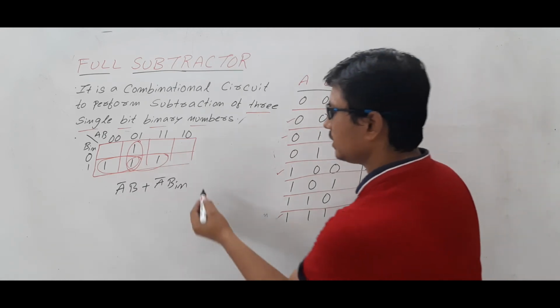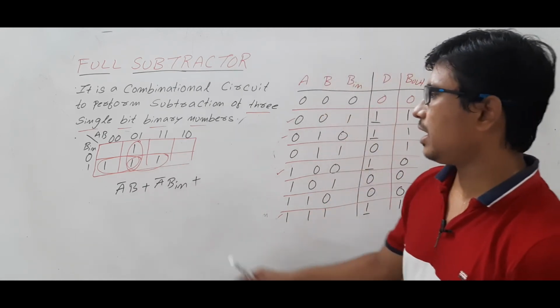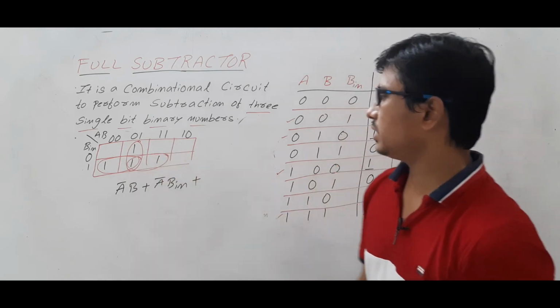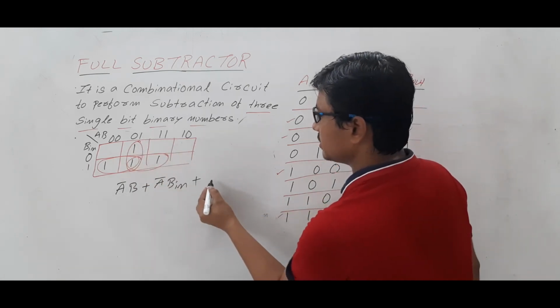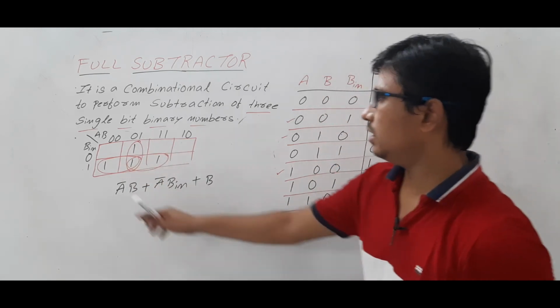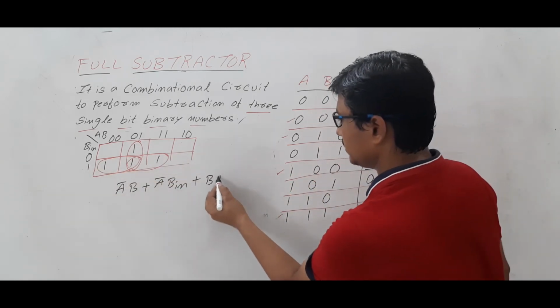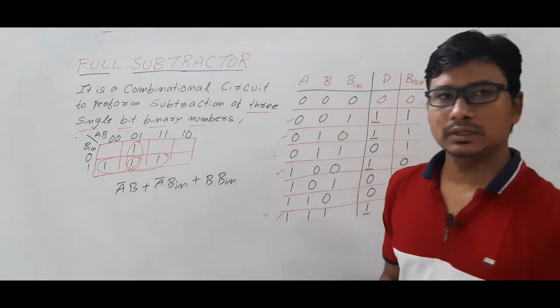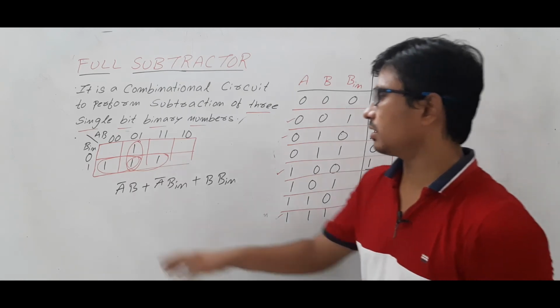Or I will have this one. What is it? The common is B and we have the B in. Is it clear? Are you able to understand it or not?